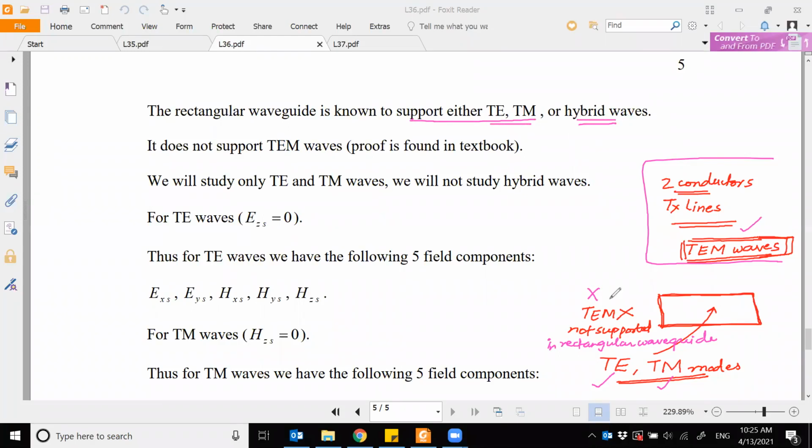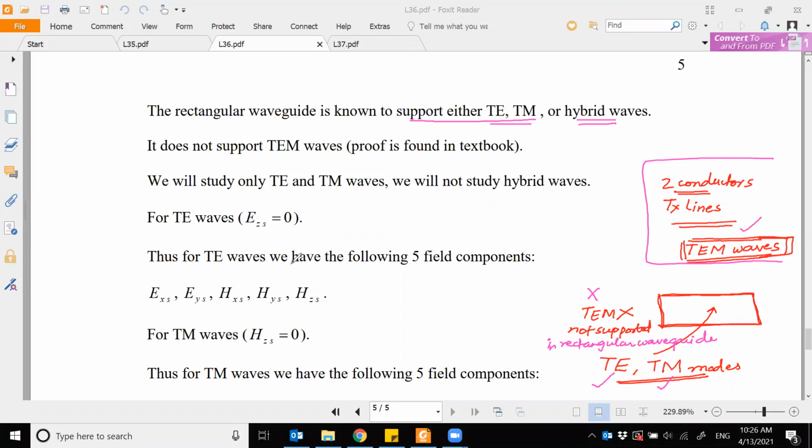Remember, we also talked about hybrid modes in our previous classes, where both your electric field and the magnetic field can have their components in the direction of propagation. Just a quick recap, because we are going to use this.